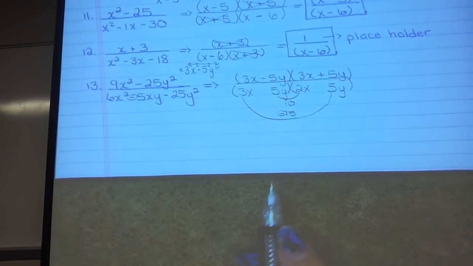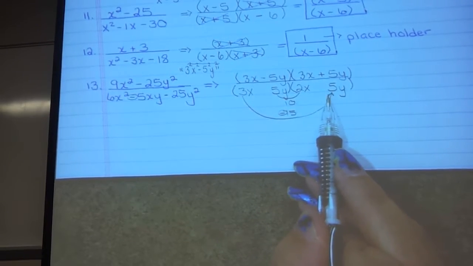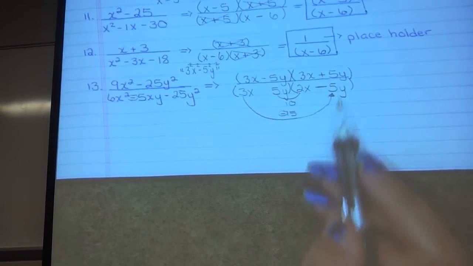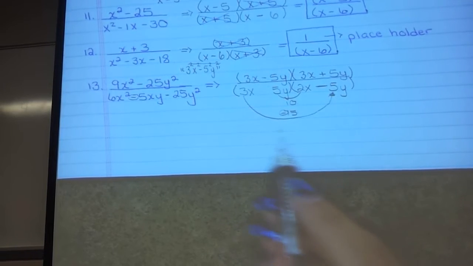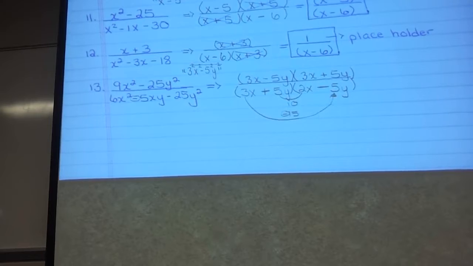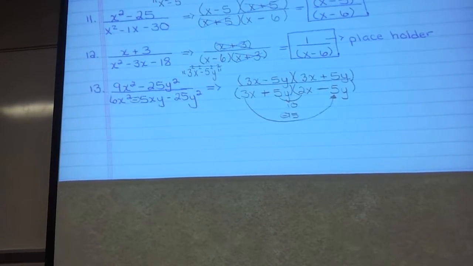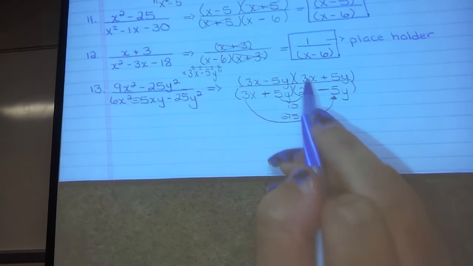But how did you get the 15? We said 3 times the 5. So this 5 needs the minus sign. So that way when you multiply it, you get the negative. And then that means this one's got to be the opposite sign. Do you see a common expression? I do. I see 3x plus 5y.